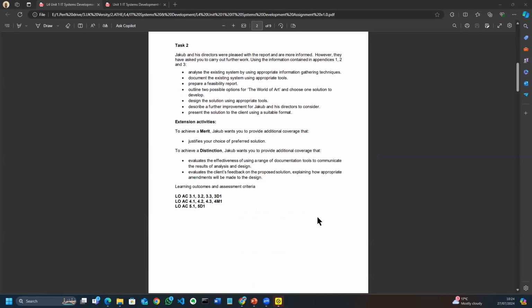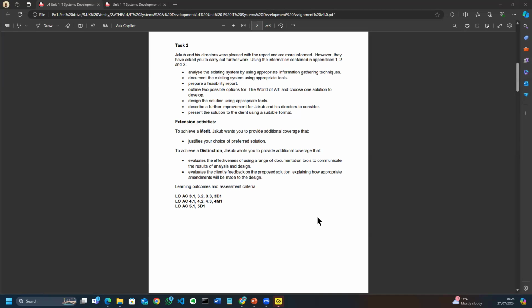Task number 2. Jacob and his directors were pleased with the report and are more informed. However, they have asked you to carry out further work using the information contained in Appendix 1, 2, and 3. Analyze the existing system by using appropriate information gathering techniques. Document the existing system using appropriate tools.